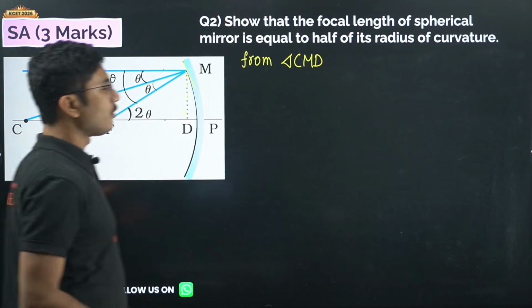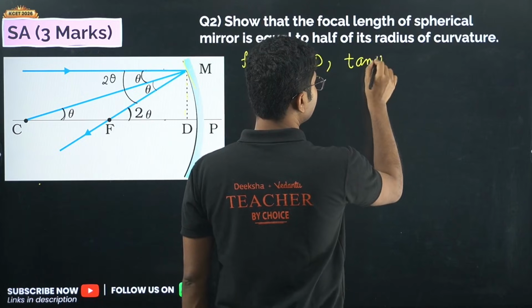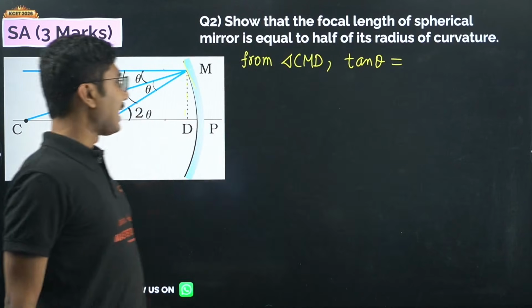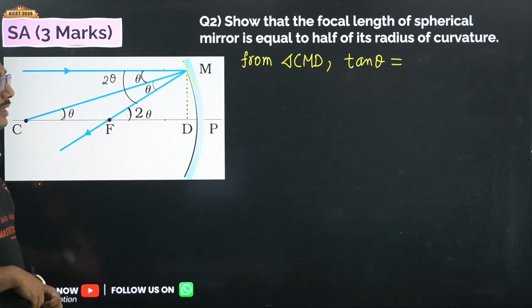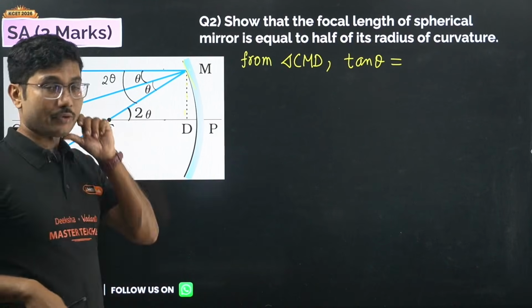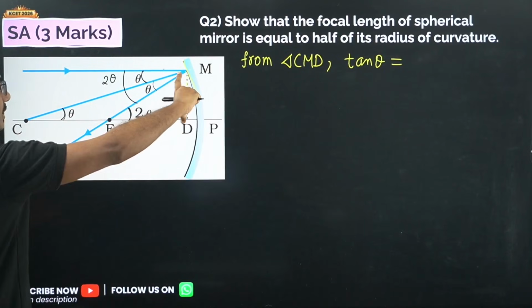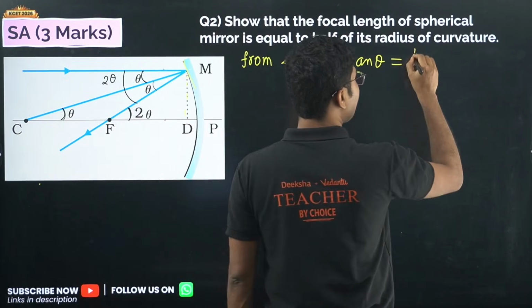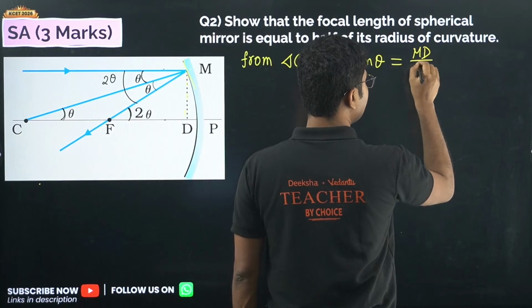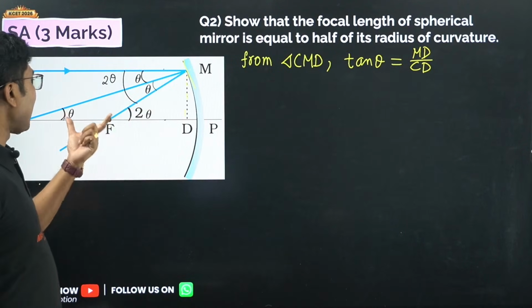So tan of this angle we have to take, tan theta. What is tan theta? Tan theta is perpendicular by base. So perpendicular is MD and base is CD, okay. So tan theta is MD by CD. Clear?